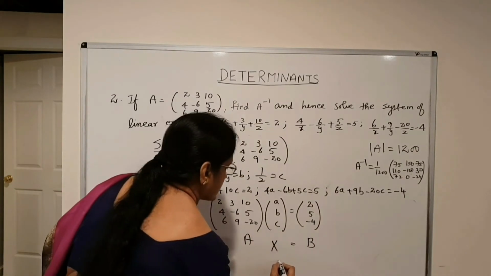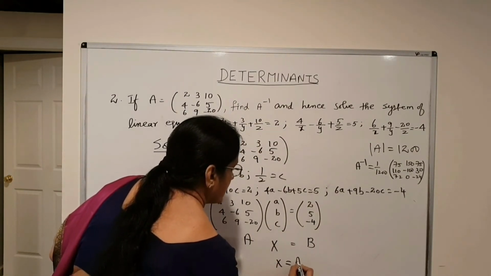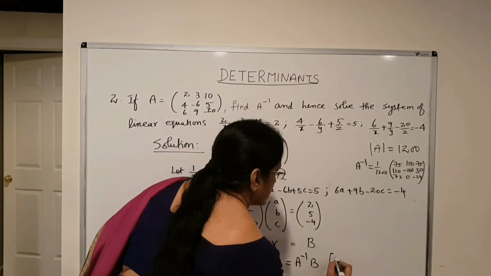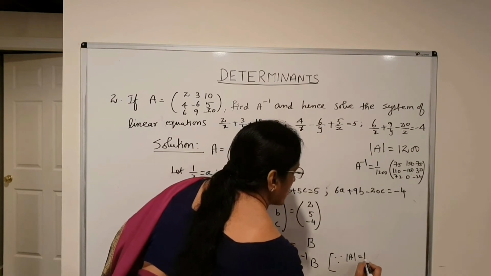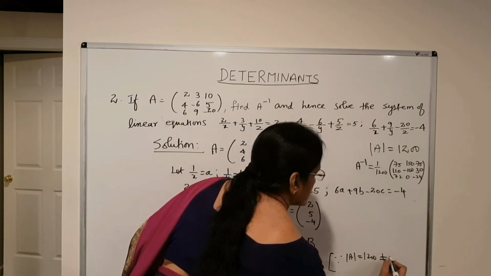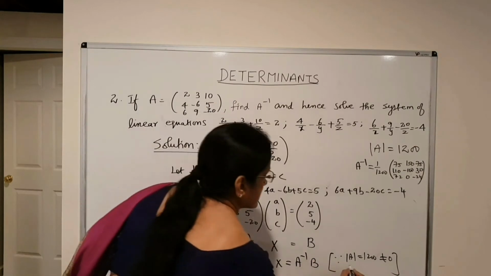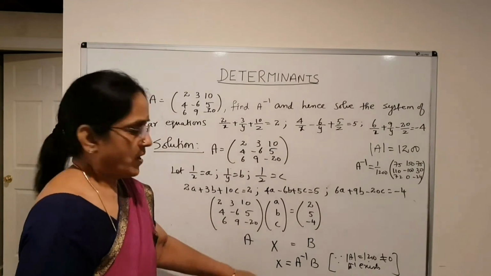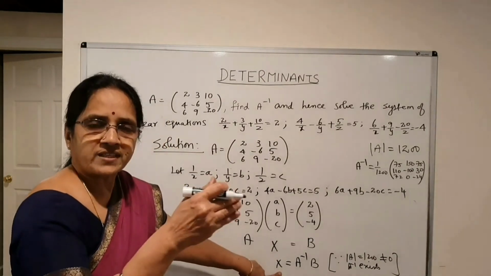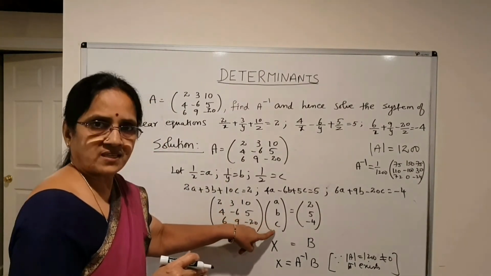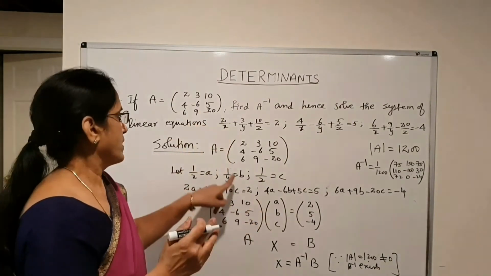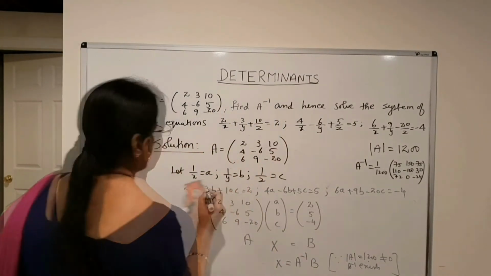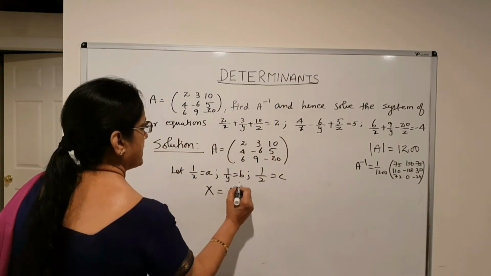So, I can write this X as A inverse B. You can even write, since determinant A is equal to 1200 and not equal to 0, A inverse exists. That's all. Now, I have to use this equation to get the value for a, b and c. Then I will get the value of x, y and z. So, let me use this equation now. X is equal to A inverse B.